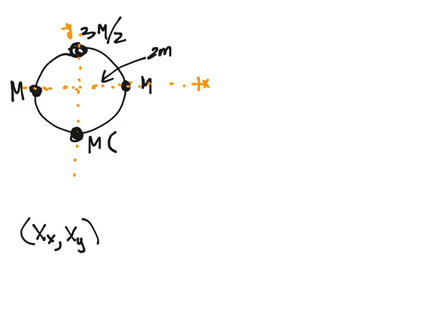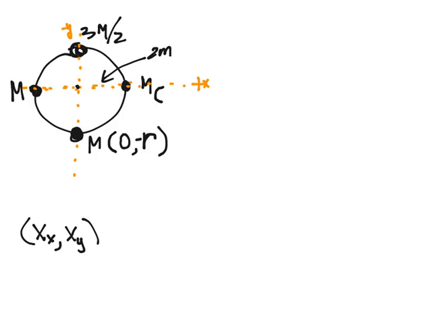So the coordinates of this bottom mass will be nothing in the x direction, and in the y direction it's at a position of negative r, with respect to this 0.